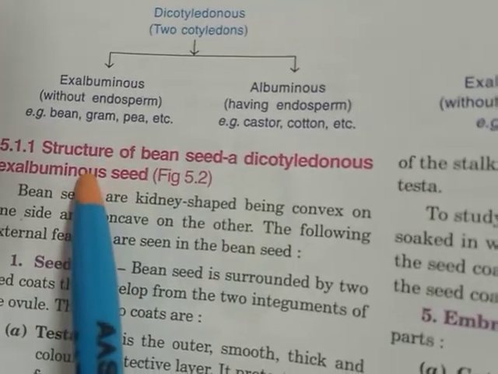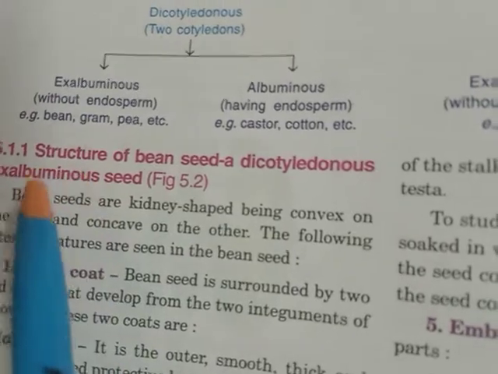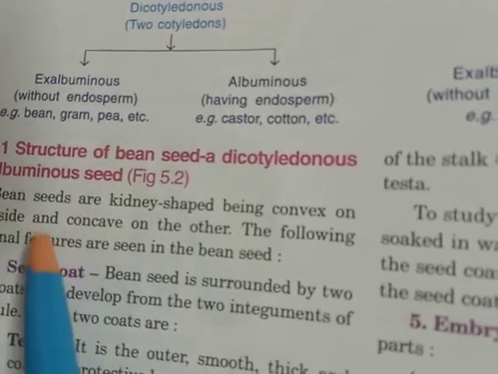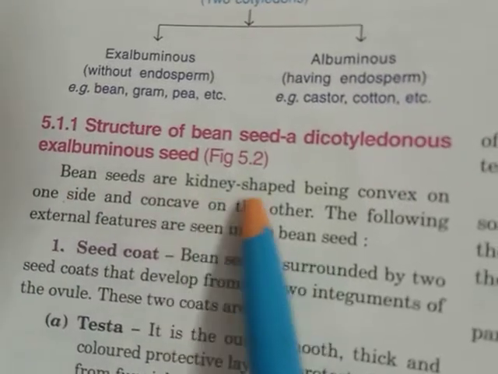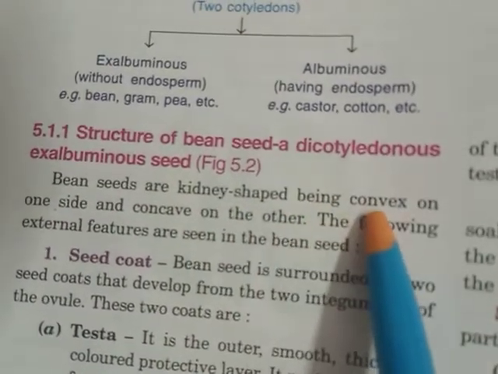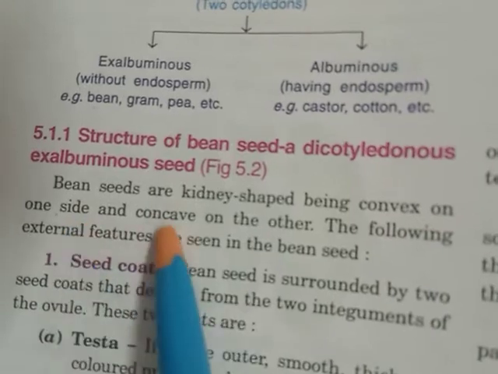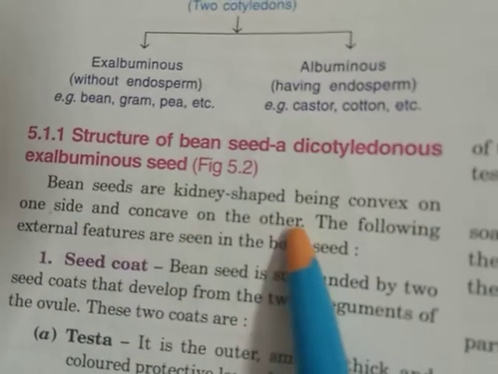So this seed is without endosperm. Reserve food is present in the cotyledons. Bean seeds are kidney shaped, being convex on one side and concave on the other side.